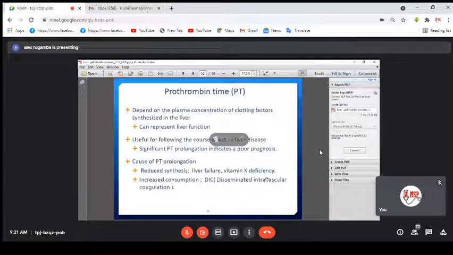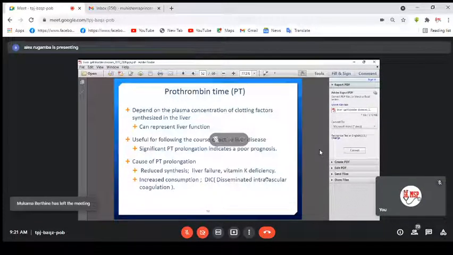So you know that for our blood to clot, firstly there will be the action of clotting factors. The clotting factors are proteins made by the liver. If the liver has a problem, it will not be able to produce clotting factors, which means your blood will not clot in case of hemorrhage.